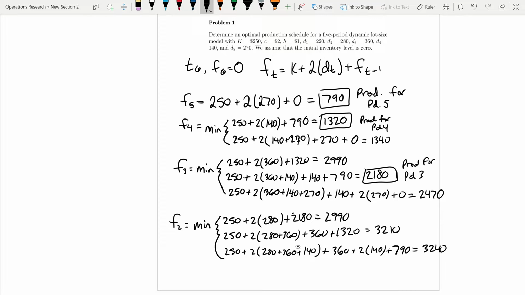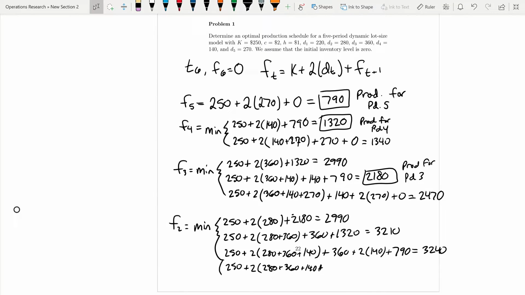And then finally, if we produce for periods 2, 3, 4, and 5, we are going to have 250 plus 2 times 280 plus 360 plus 140 plus 270. Then we have to add on 360 plus 2 times 140 plus 3 times 270.